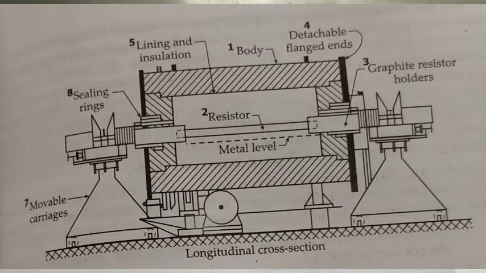On the passage of current, the graphite resistor is heated throughout its entire length, and thus heat is evenly distributed in the furnace and radiated onto the cold charge and furnace lining. As soon as the charge melts, the furnace is rocked backwards and forwards to absorb the heat from the refractory lining and to mix the metal.